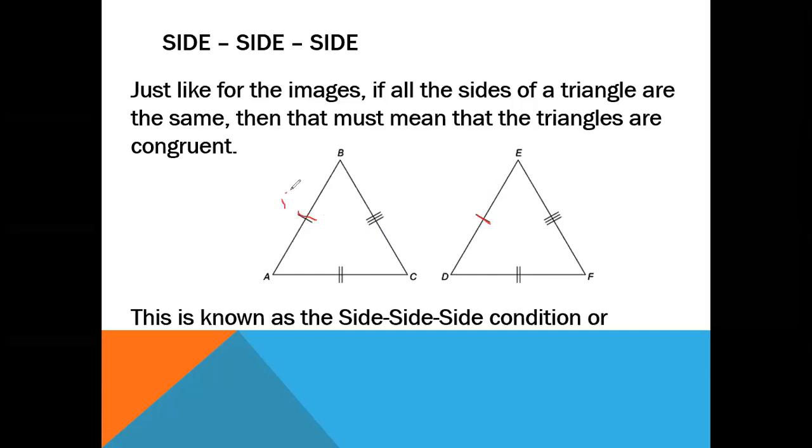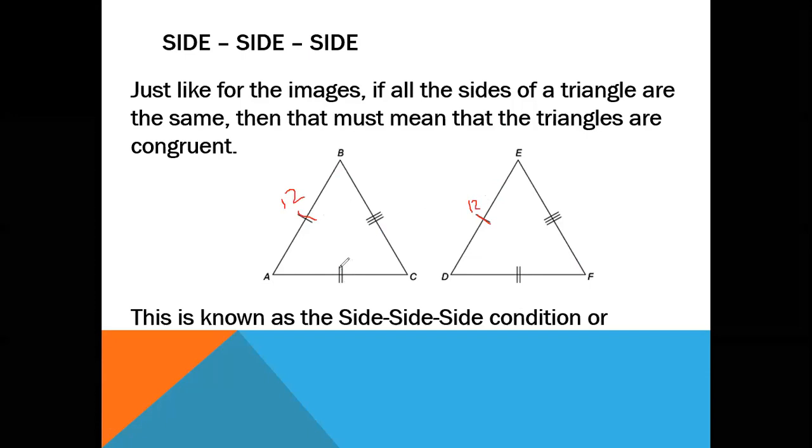For instance, if this is 12, this is 12. 2 marks means that it goes with this one. So if this one is 10, then this one is 10. And then 3 marks means that it's the exact same as the other one with 3 marks. So let's say this is 14, then this would have to be 14.